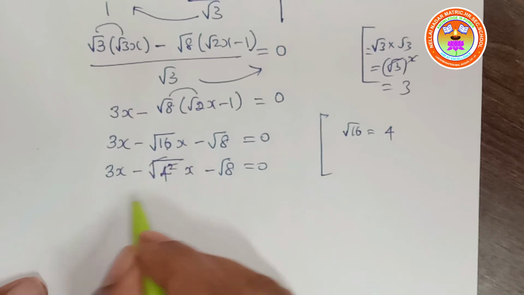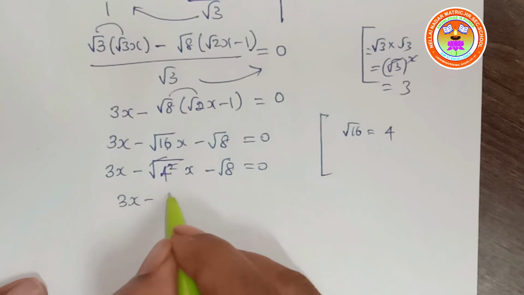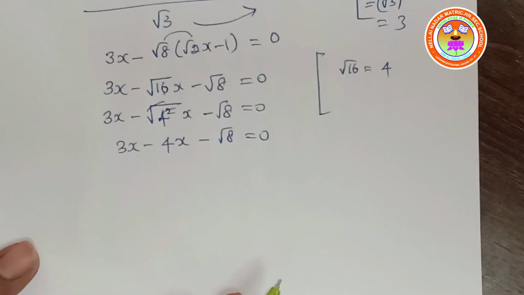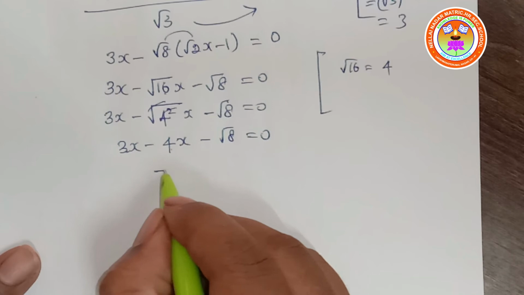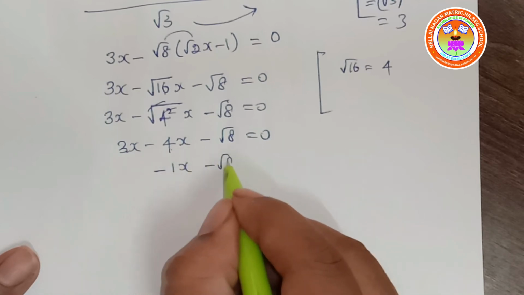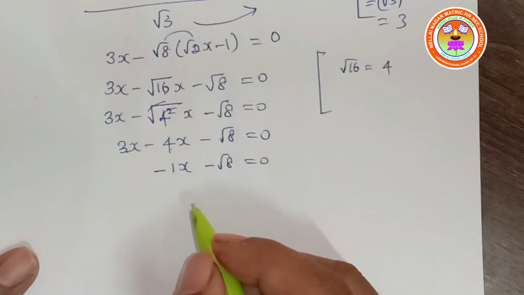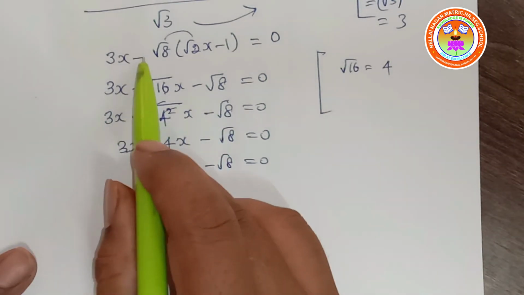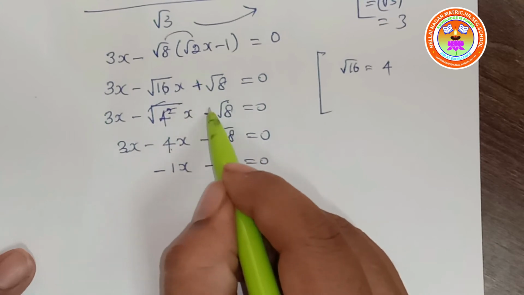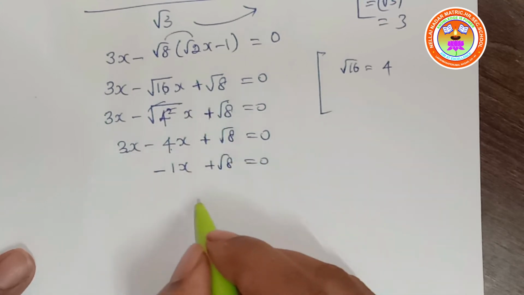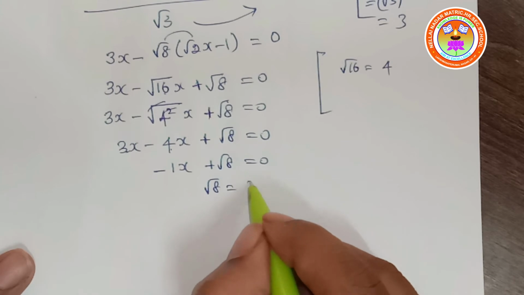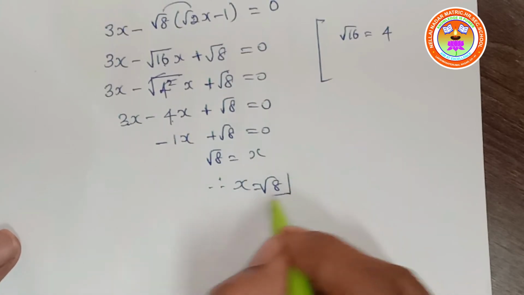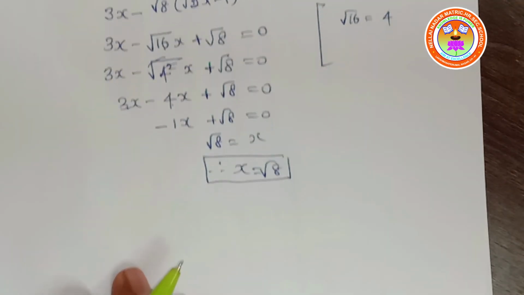Square root gets cancelled. 3x minus 4x minus root 8 equal to 0. 3x minus 4x is minus 1x minus root 8 equal to 0. Here minus into minus is plus, so the terms become plus. So root 8 equal to x, therefore x equal to root 8. It's clear, children?